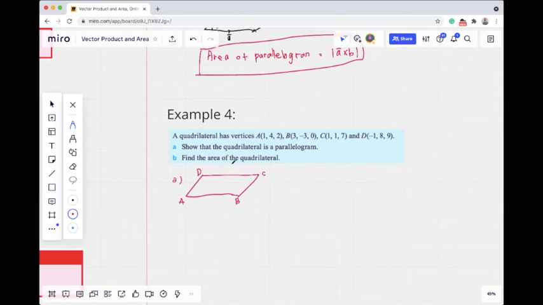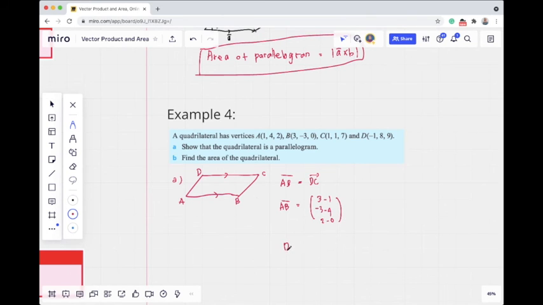If all of these points are the vertices of a parallelogram, then vector AB should be equal to vector DC, right? Okay, let's find AB. This is B minus A, so 3 minus 1, negative 3 minus 4, 2 minus 0.